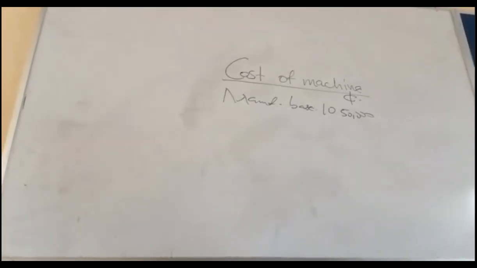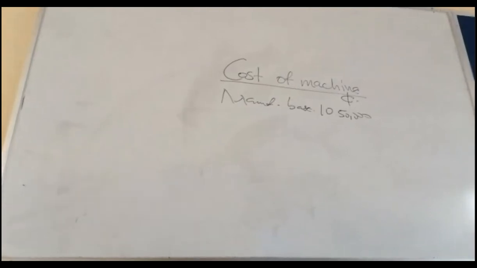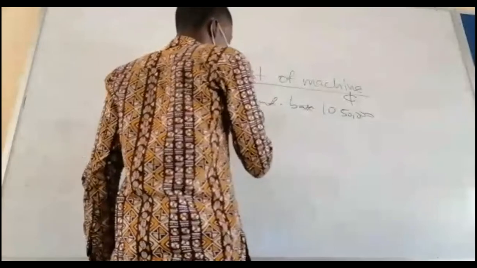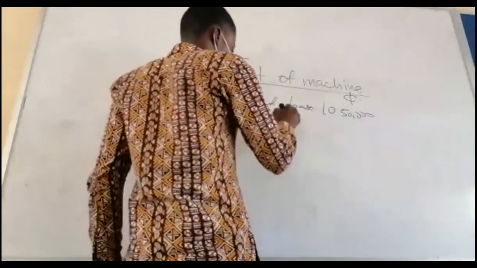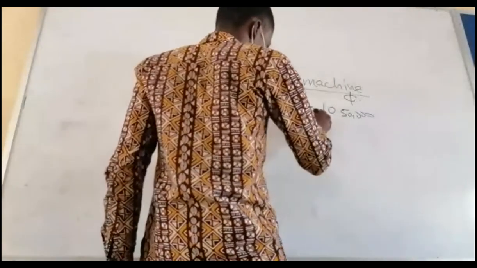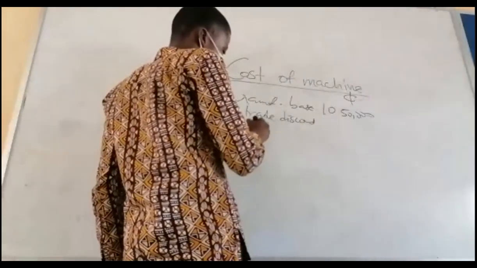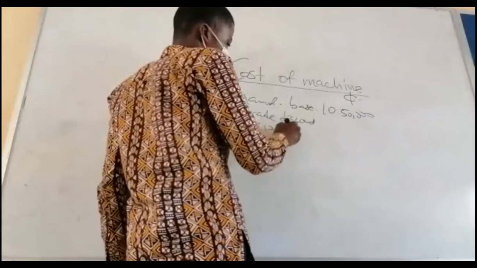So here the trade discount must be subtracted. So you write here: less trade discount. They say 20% of the base price. So less trade discount, in brackets, 20% times 1,050,000, and that will give us 210,000.